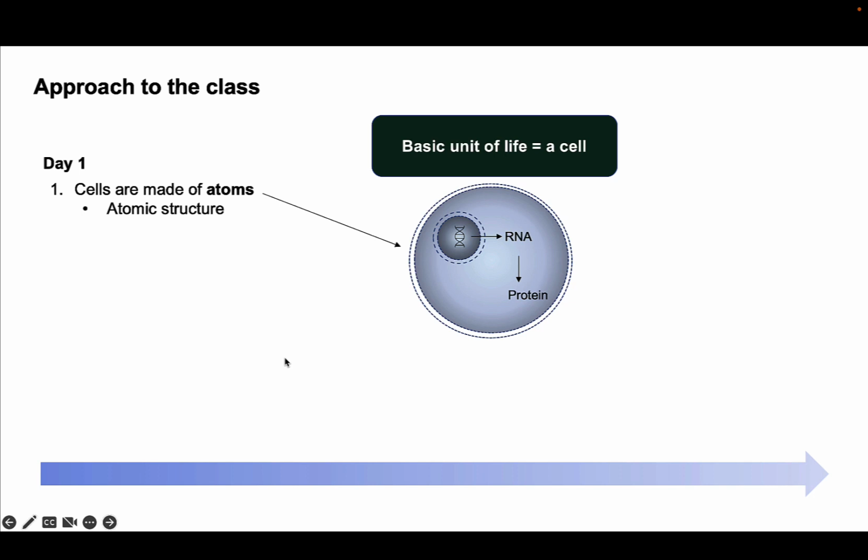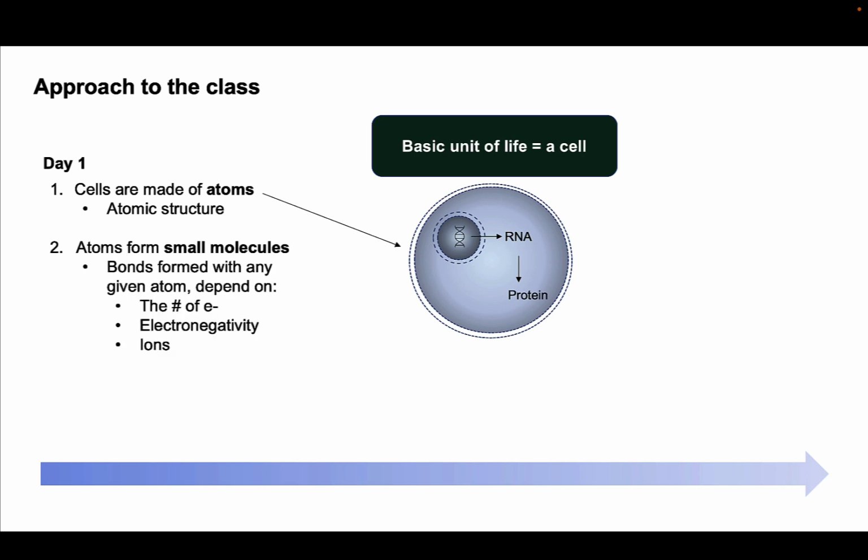Okay, so on day 1, we established that all matter, including cells and macromolecules, were made of atoms. We went over the structure of the atom, and this helped us understand how atoms form bonds to make small molecules. Bonds formed with any given atom depend on the number of electrons, specifically the number of electrons in their valence shell, and atoms are most stable when their valence shell is full.